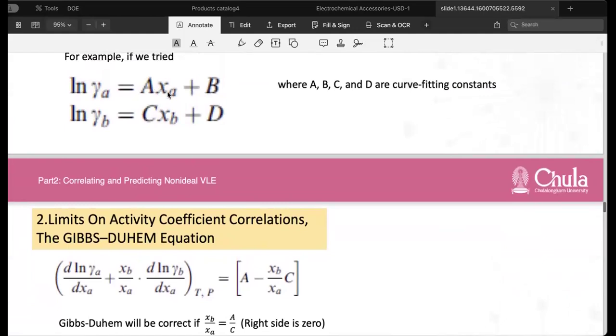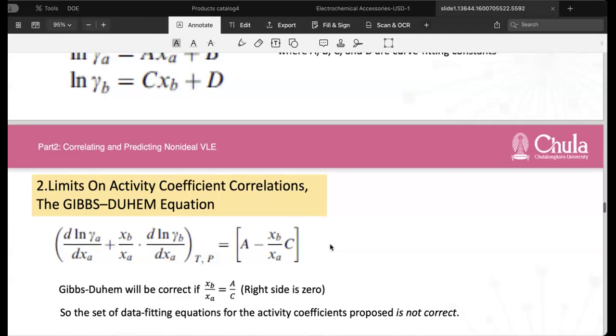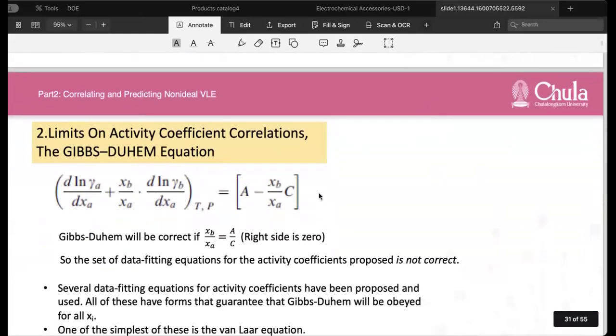We plug it into the Gibbs-Duhem equation, and we obtain a minus xb over xa times c. So what does it mean? In the Gibbs-Duhem equation, this term must be 0, and in order to make it 0, xb over xa must equal a over c.